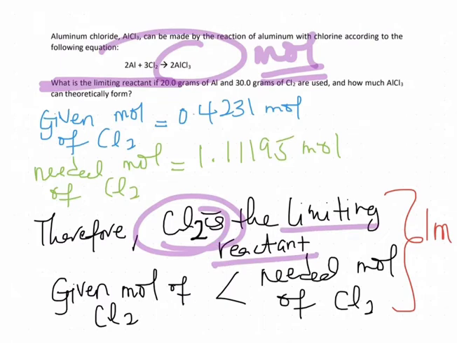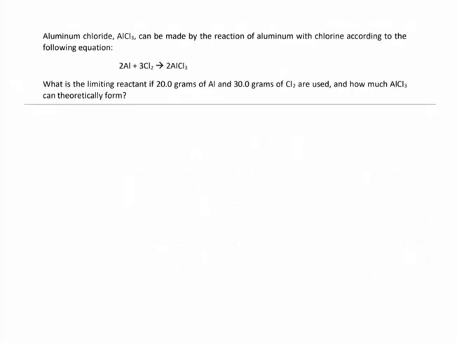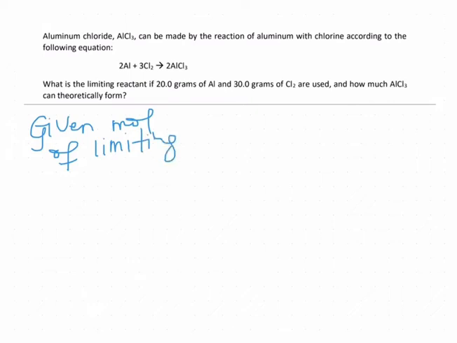In order to find the theoretical yield of your product, we're going to use the given mole of the limiting reactant. So who is your limiting reactant? Cl2.